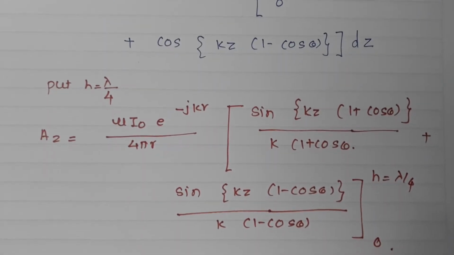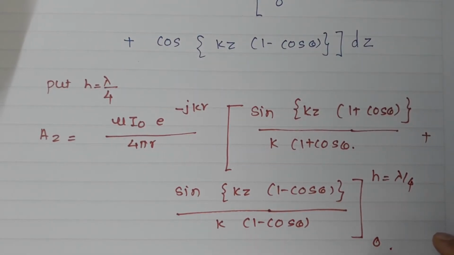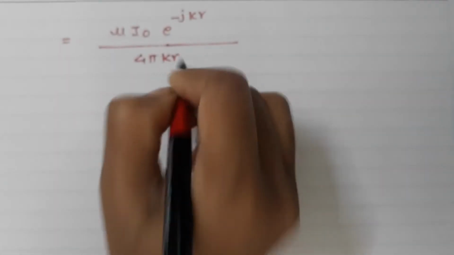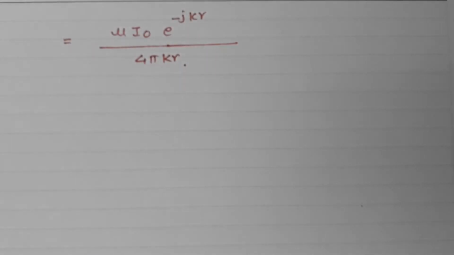So here I have written the limits from λ/4 to 0. If I equate this equation, it is equal to μ I0 e^(-jkr) / 4πkr. Further solving this equation, I can write the complete equation like this.